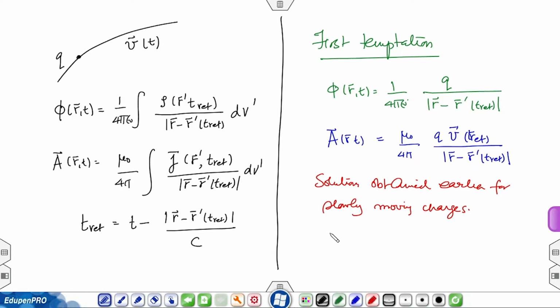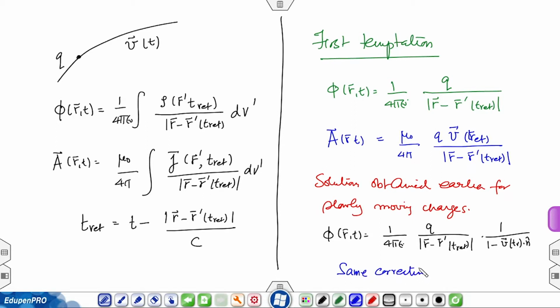So, the correct solution is phi r t equals, this part remains 1 over 4 pi epsilon 0 q over modulus r minus r prime t retarded, and there is a correction factor which is 1 over 1 minus v at t retarded dot n, and same correction for A. Where n is this unit vector r minus r prime divided by modulus r minus r prime.